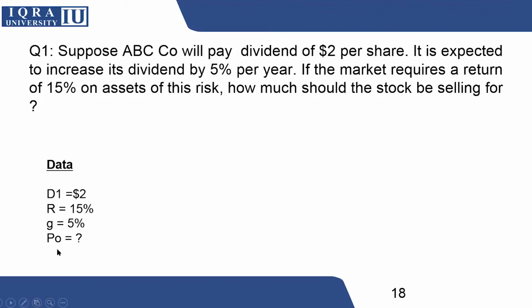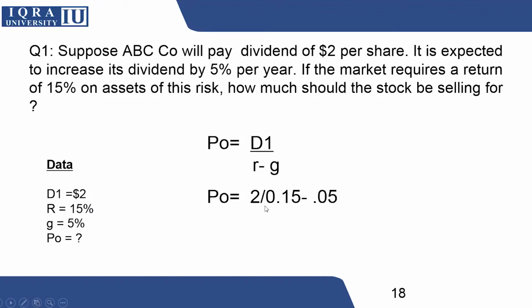In this case we will apply the P0 formula, and P0 will be calculated with the help of D1 upon R minus G. D1 is already given in the question, that is $2. R is 15% and growth is 5%. So I am filling in all the information over here.